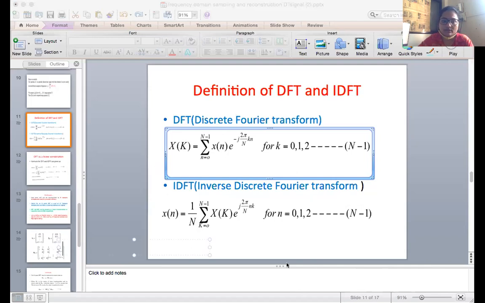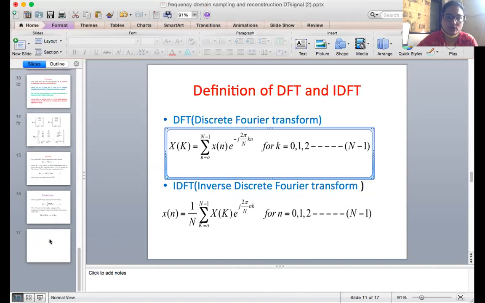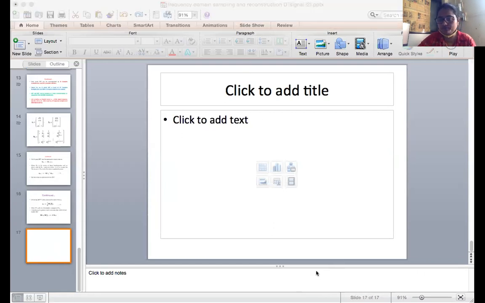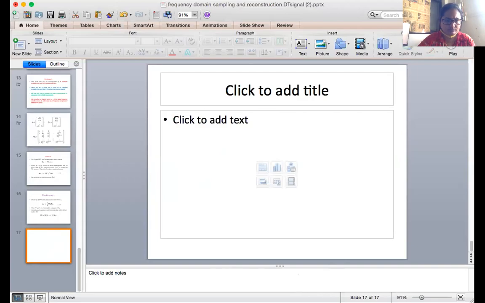So let us take the help of the PPT for an example, until offline starts soon, so that I can directly start teaching you on the board. Here I want to calculate the discrete Fourier transform.